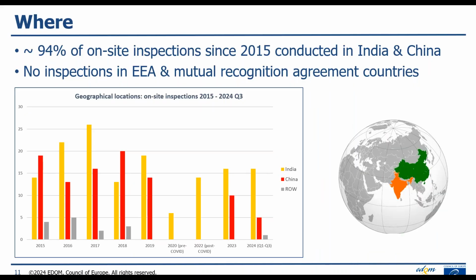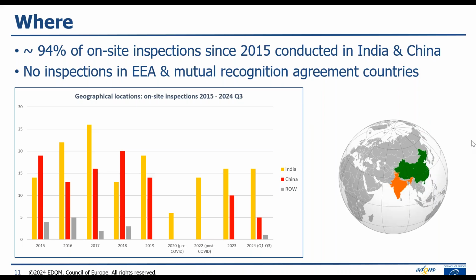So then, where do we do our inspections? So this graph here shows the geographical locations of our inspections going back almost 10 years. So the vast majority of our inspections are performed in India and China.